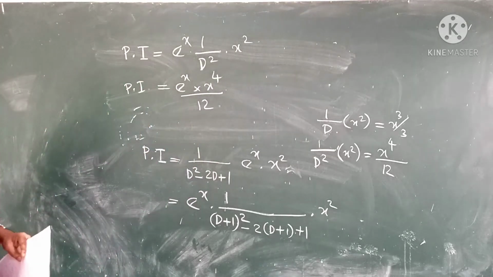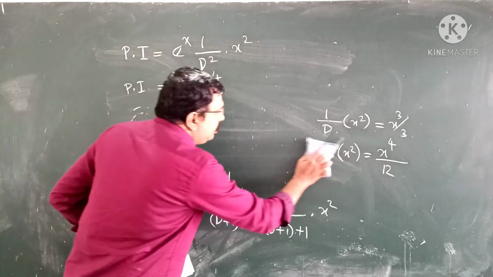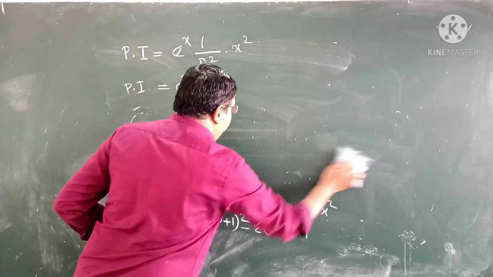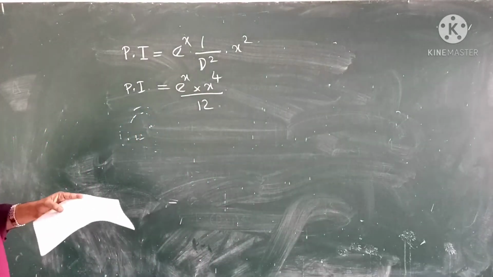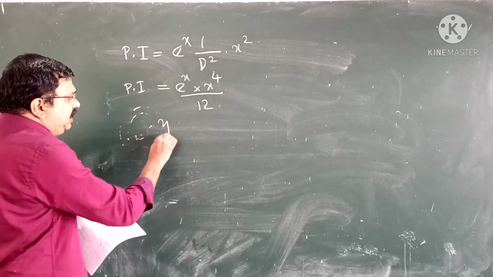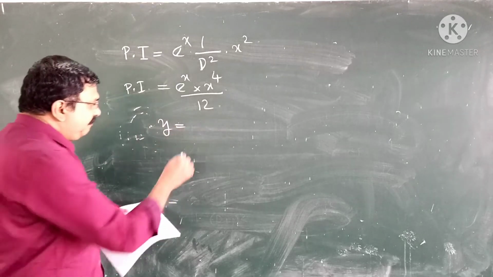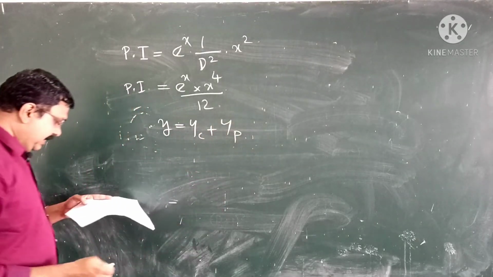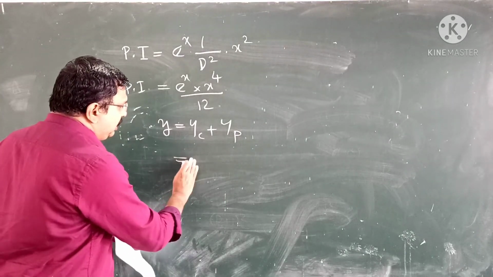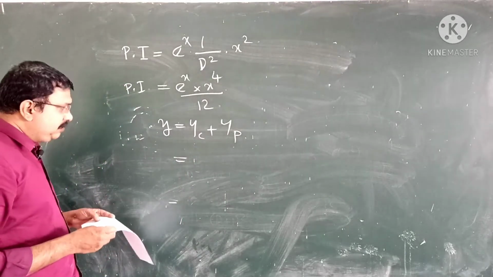Then on the next step we can write the solution. The required solution is y equal to yc plus yp. Okay, that is equal to, what is yc? Complementary function.